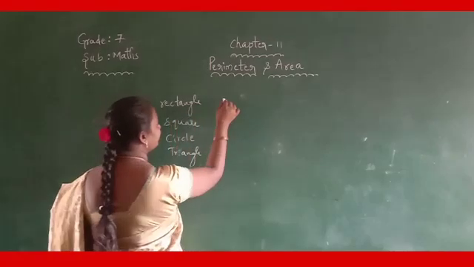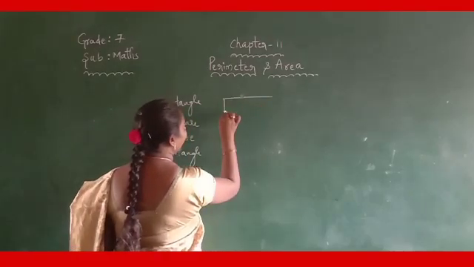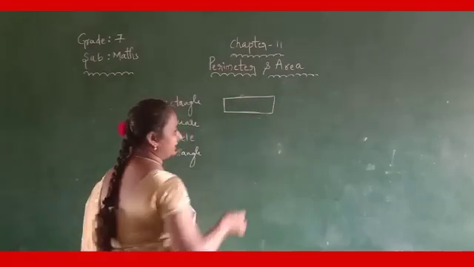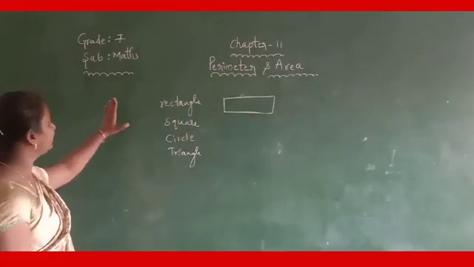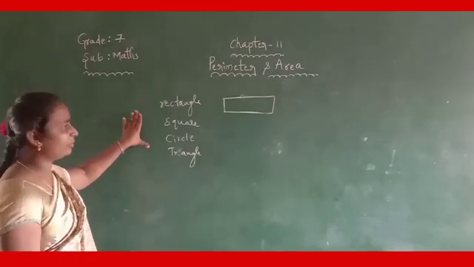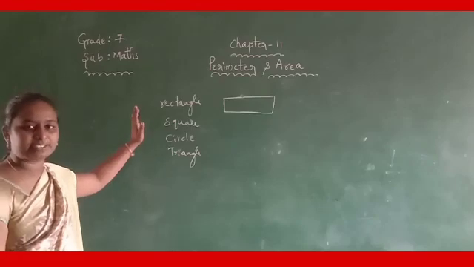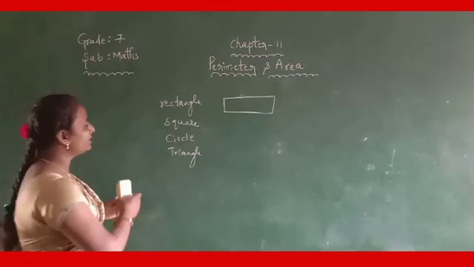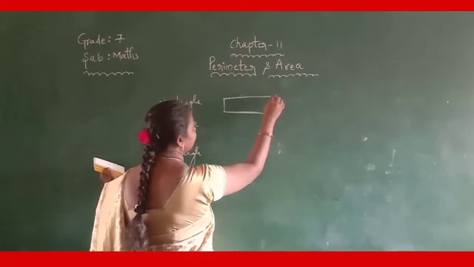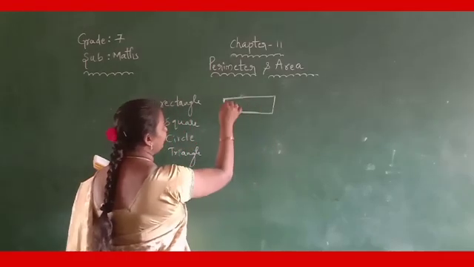See rectangle. So here this is the shape of a rectangle. If you observe the shape of the board, this green board is a rectangle. That means the opposite sides are parallel. These sides are equal, right?